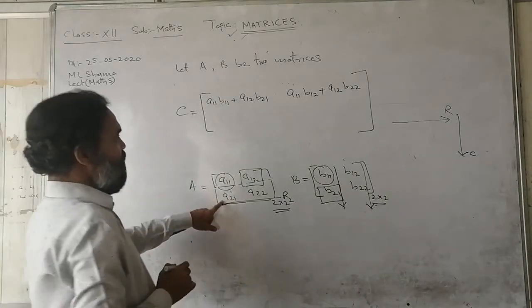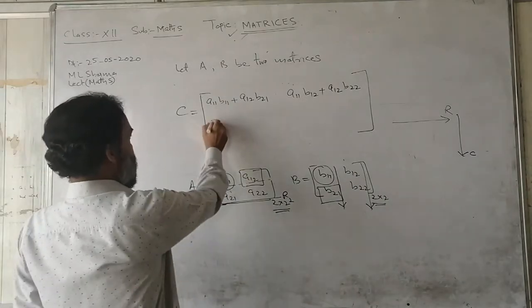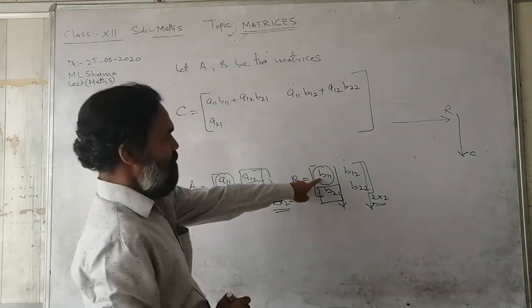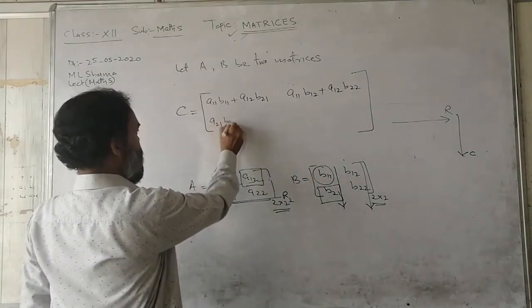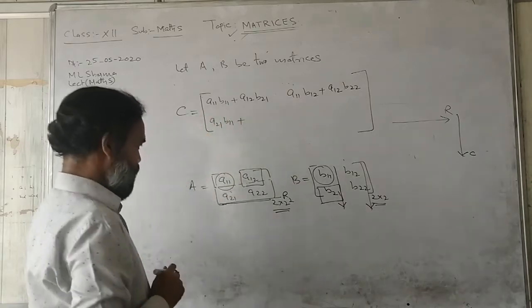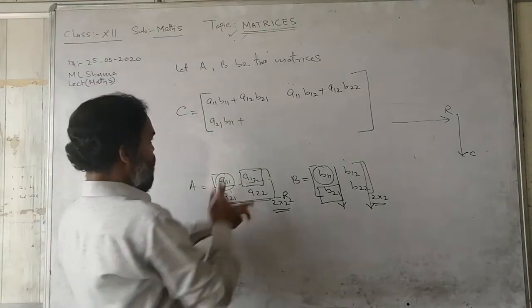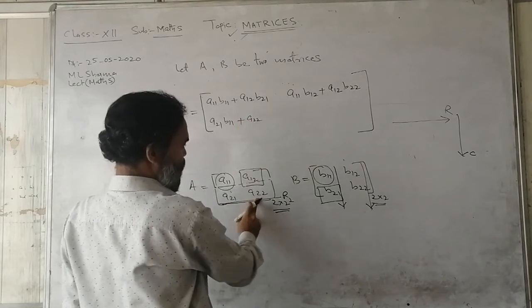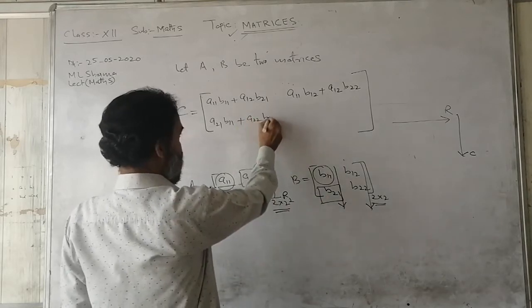So first this A21 is to be multiplied by B11, then plus this element A22 is to be multiplied by B21.